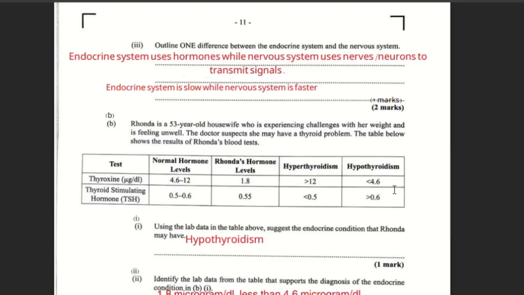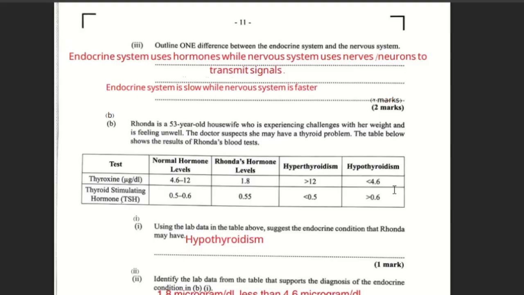So if we release a hormone in the body and it has a target, because of the bloodstream, it's going all over the body, but it will only act where it's supposed to, if that makes sense.